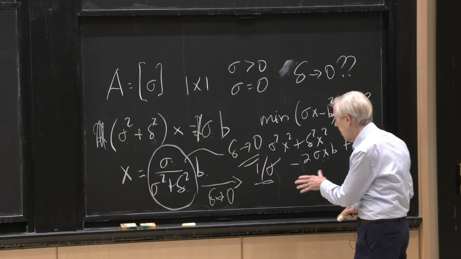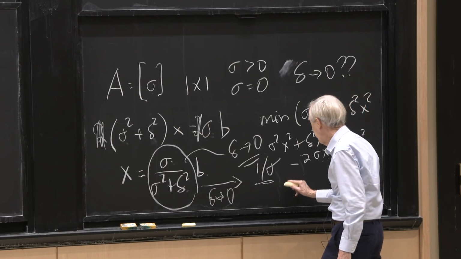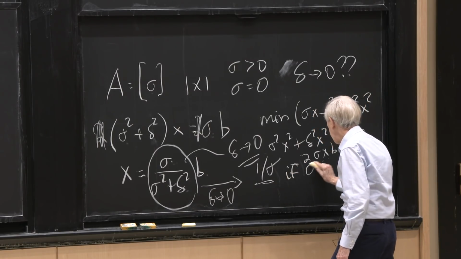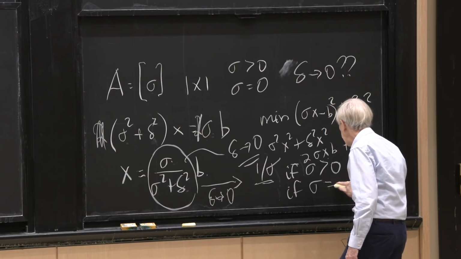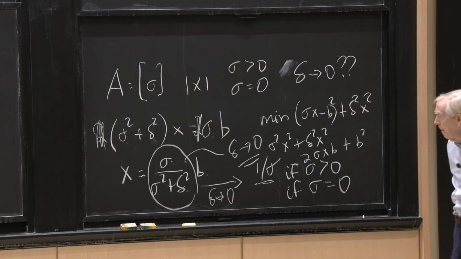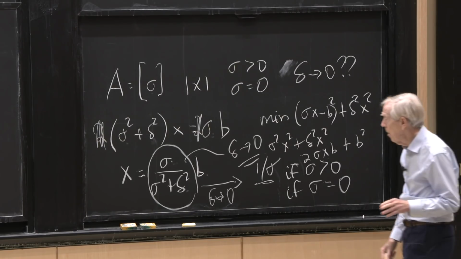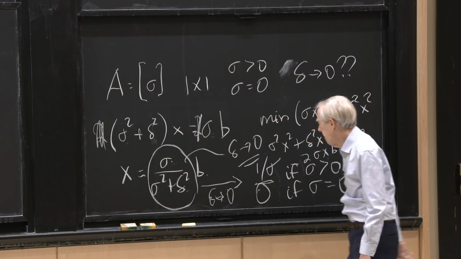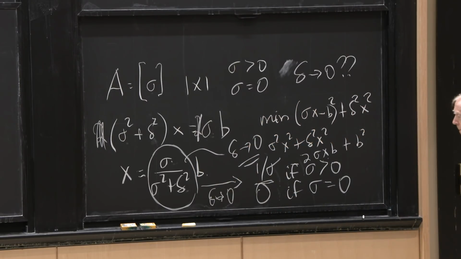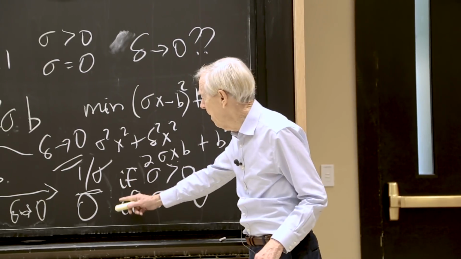And what's the limit then? So 1 over sigma if sigma is positive. And what's the answer if sigma is not positive? It's 0. I get 0 all the way, and I get 0 in the limit. And now, let me just ask, what have I got here?